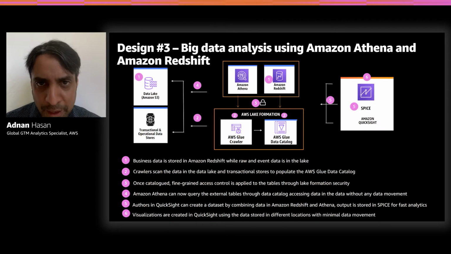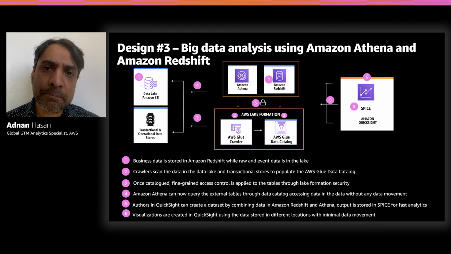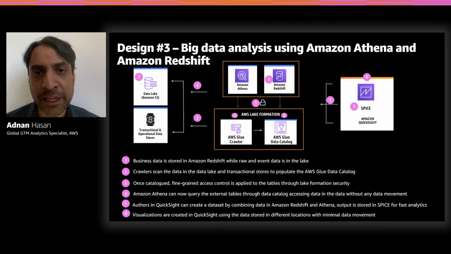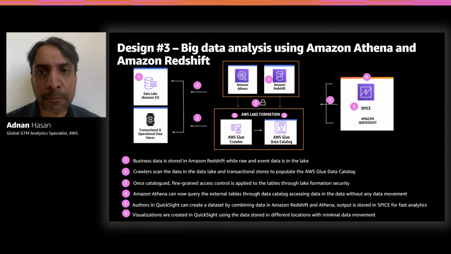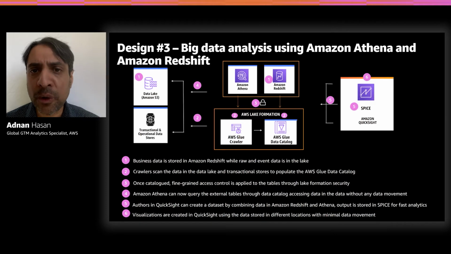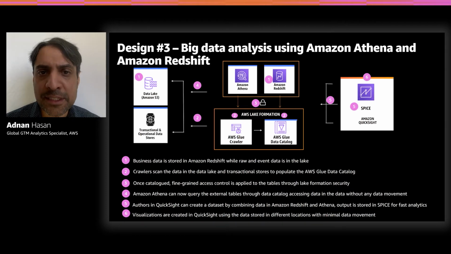The third design pattern is using a combination of Amazon Athena and Amazon Redshift. This is a common pattern that we see. If you have data sitting in Redshift and you want to query it, that's an option. So typically, an analyst would query Redshift for the business data and then use ad hoc analysis for data stored in the lake.